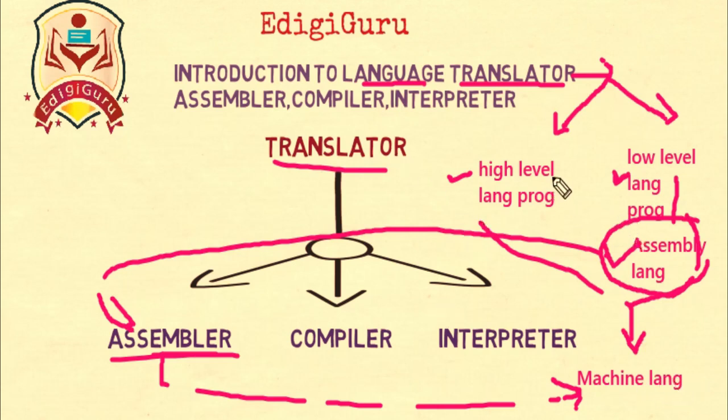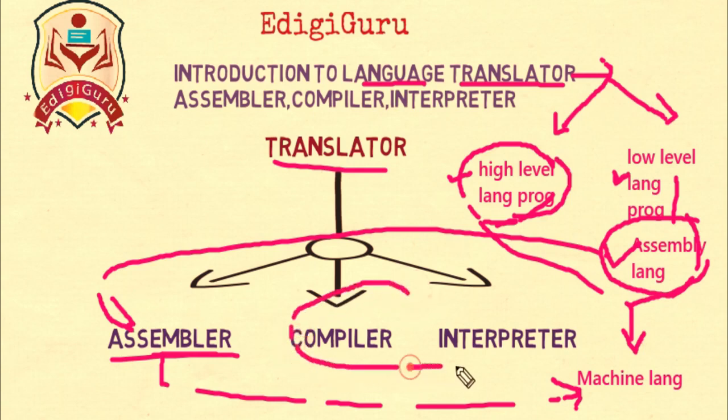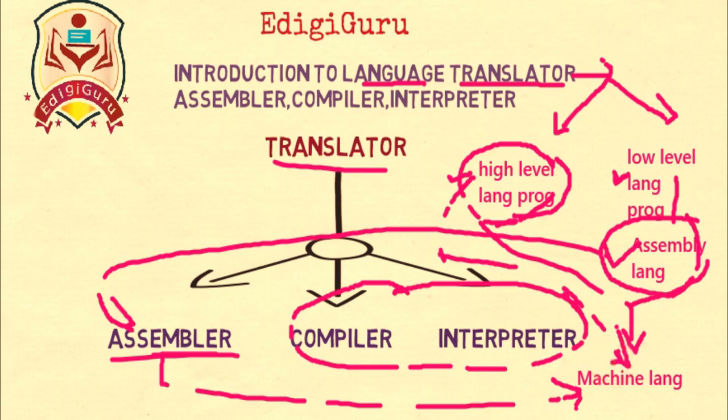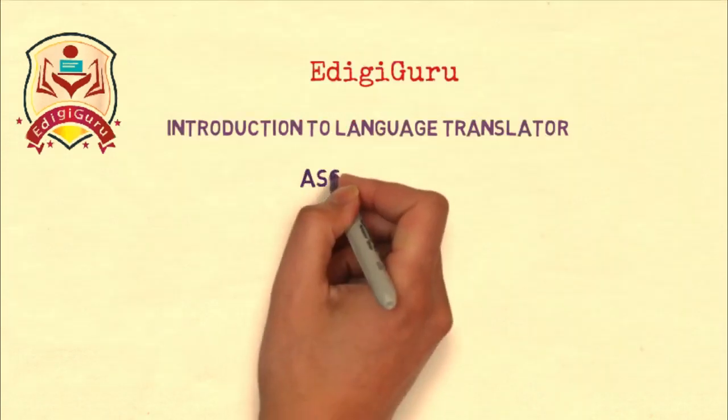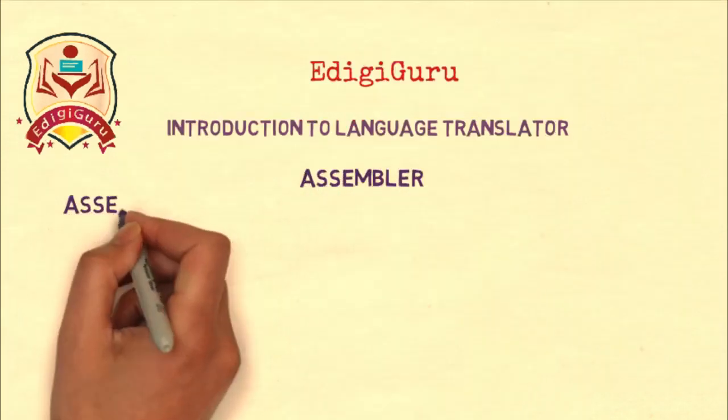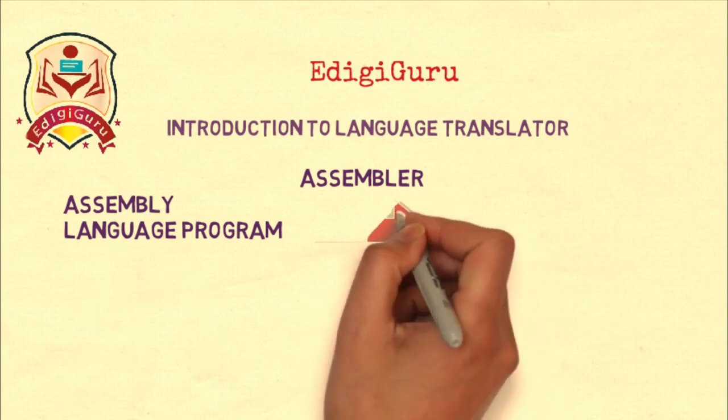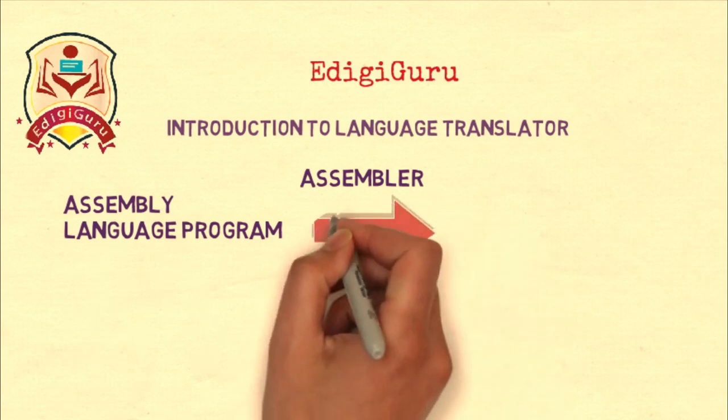Whereas if the user written program is in a high level language, in that case the compilers and interpreters are to be used for converting that program into machine language. So what are assemblers?